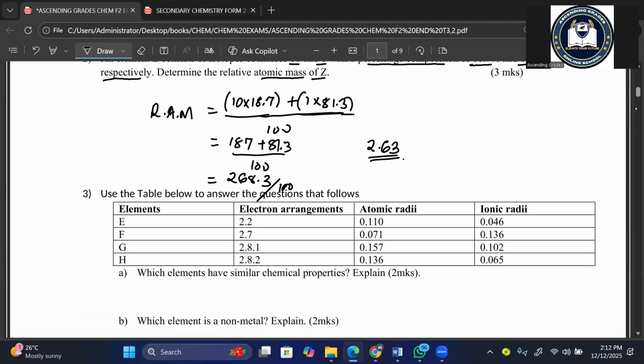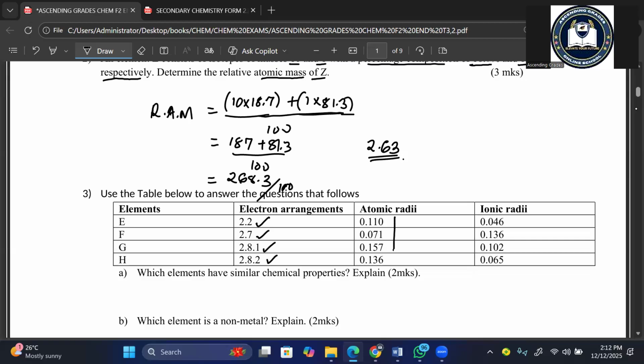Question 3. Use the table below to answer the questions that follow. So we have elements E, F, G, and H. We have the electron arrangements 2.2, 2.7, 2.8.1, 2.8.2.